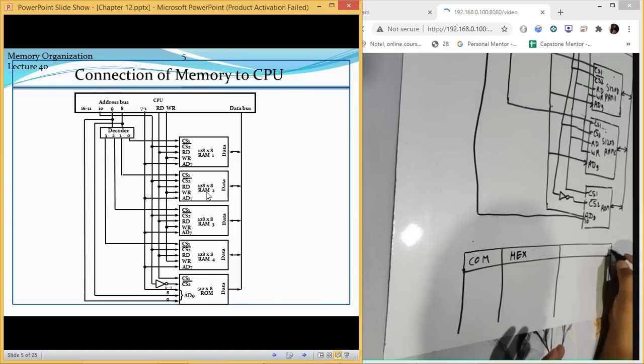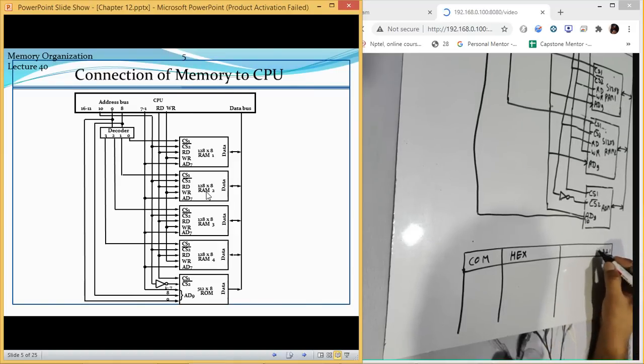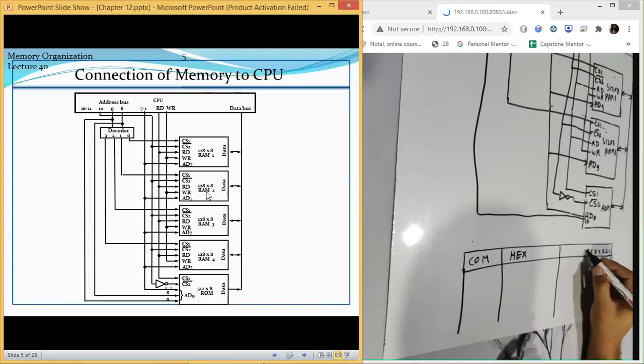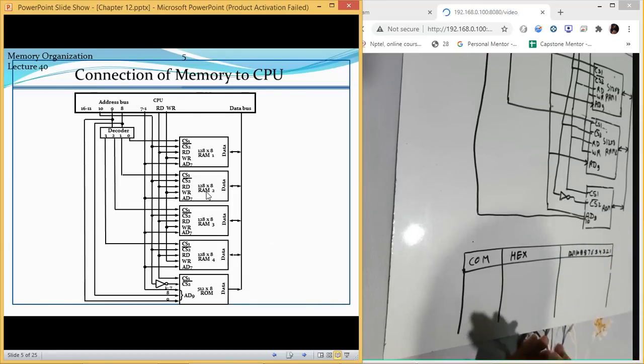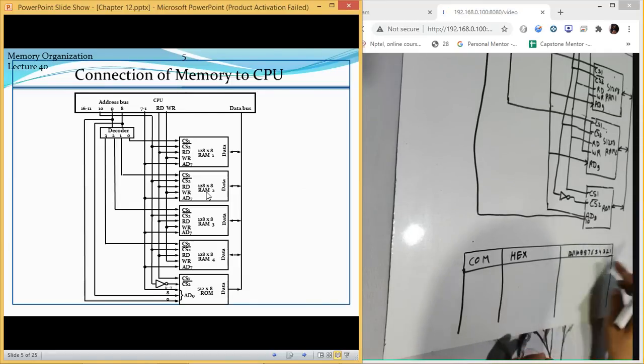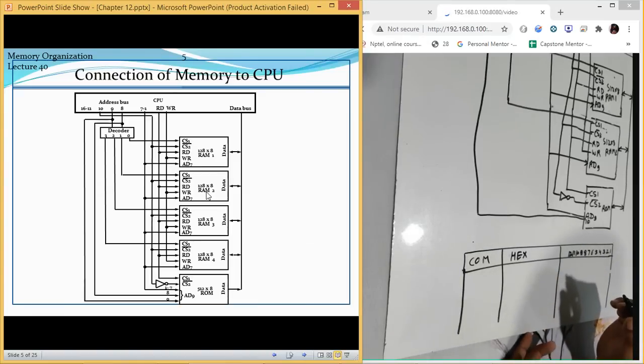So 9 bits will be there: 1, 2, 3, 4, 5, 6, 7, 8, 9, 10, 11, and 12. The maximum bits which we are using are 12, so that is why we are having these 12 values here.